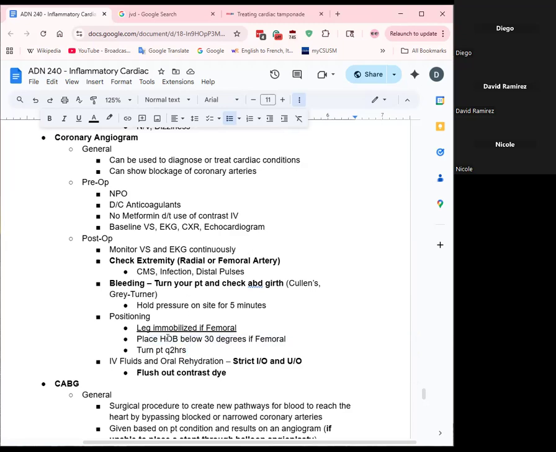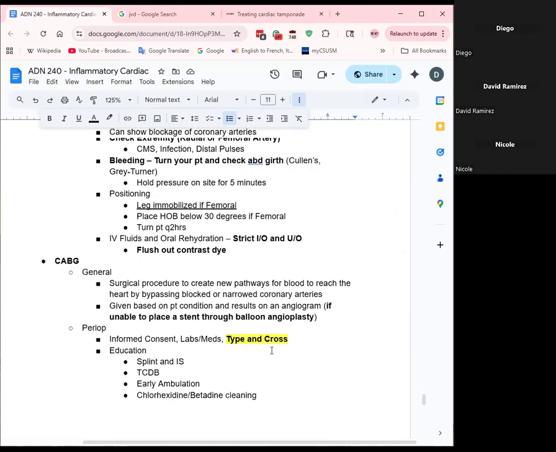Some of this stuff keeps repeating, so a lot of it ends up being very standardized. Even this, you'll see strict intake and output, urine output measurements. In this case it's because of the contrast IV. Anytime you're getting contrast, you're going to want to rehydrate well to try to flush it out, and then follow whatever guidelines the patient requires. If they have a fluid restriction, you just have to be mindful of that.